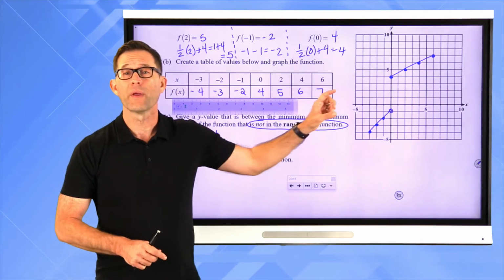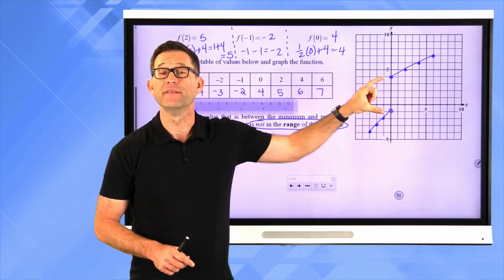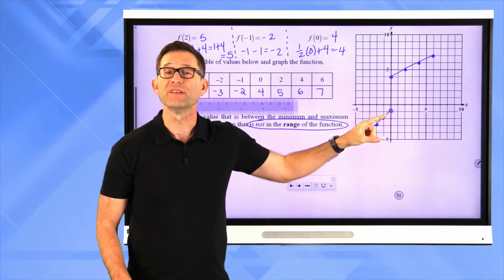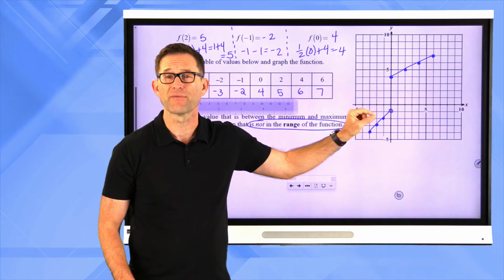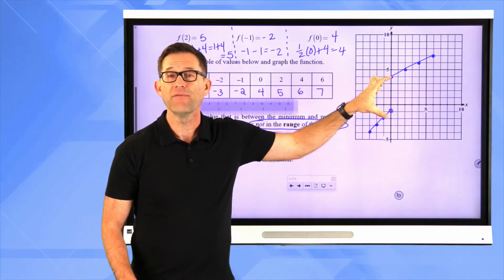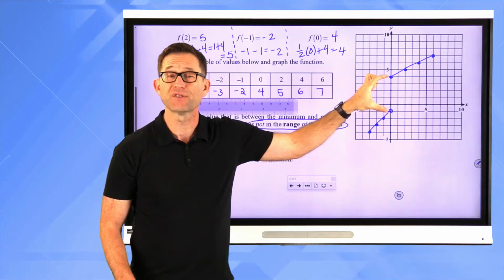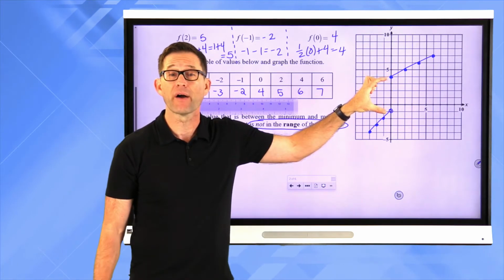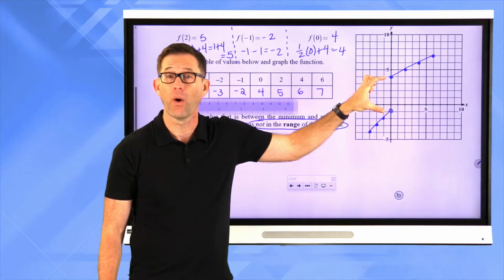Well, right here we have what we call in math a discontinuity. You don't need to worry about that term right now, but the graph is discontinuous. We have to lift up our pencil to go from this point to this point. Any value of y between these two does not exist in the range because there's no value of x that will give us that value of y.